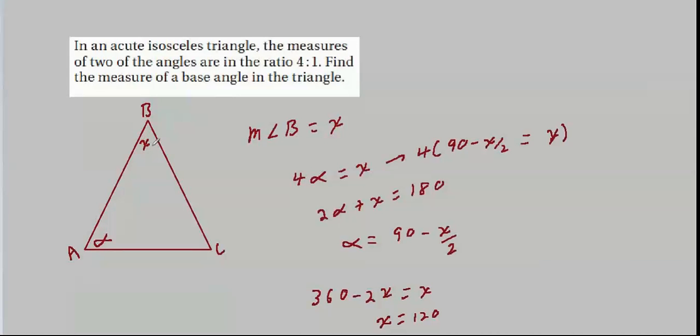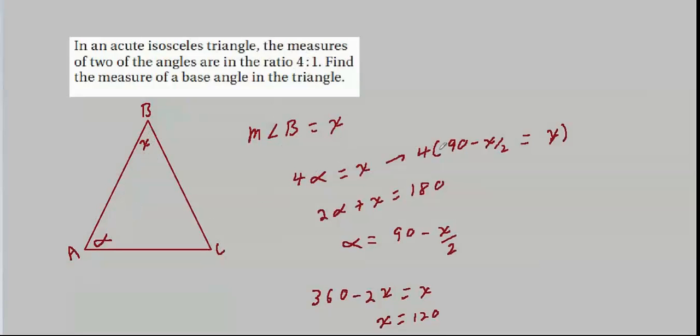I'm not sure if there's a way to know ahead of time which it is. If there is, I sure didn't spot it, because I assumed that this would be the larger angle and wrote that 4 alpha equals x. That's the 4 to 1. It definitely can't be this angle and this angle because they're equal.